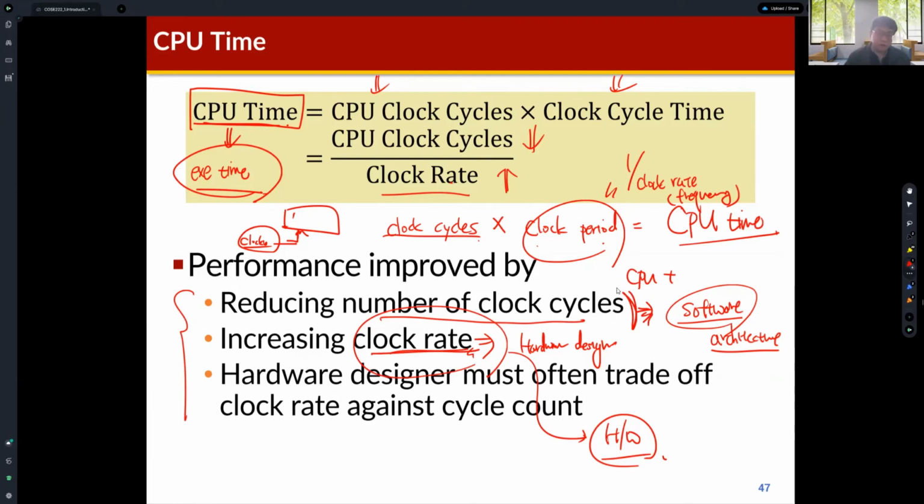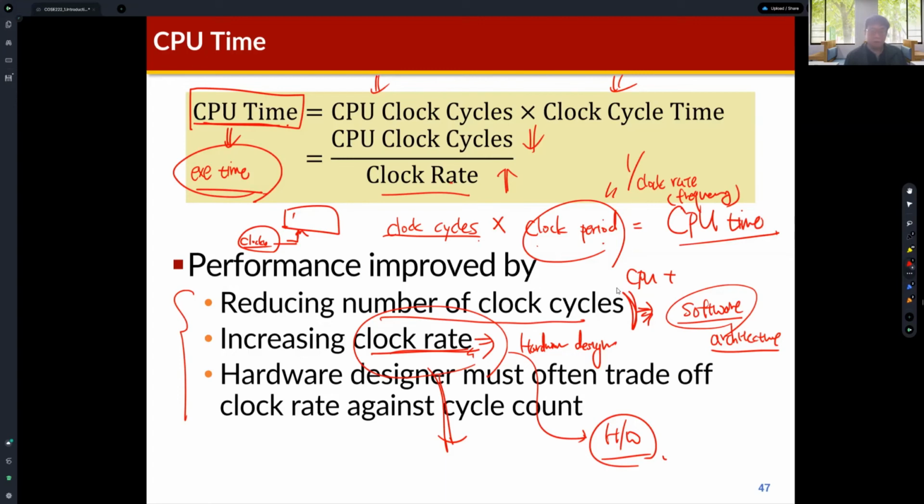Hardware designers will focus on the clock rate, which is determined by microarchitecture, hardware design and implementation, and also semiconductor technology.